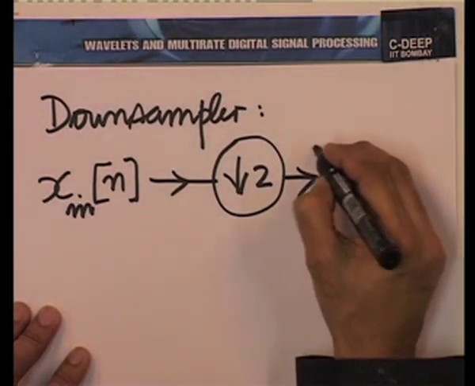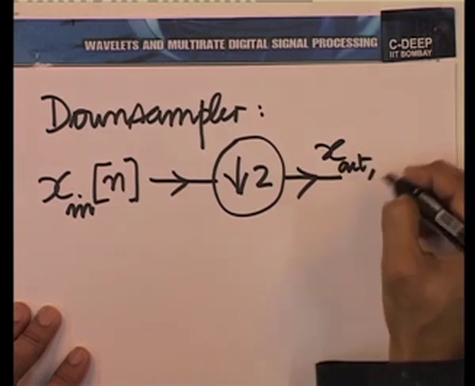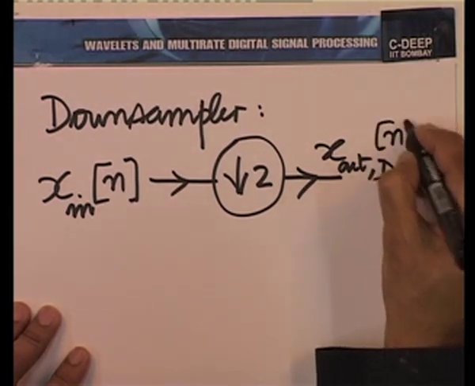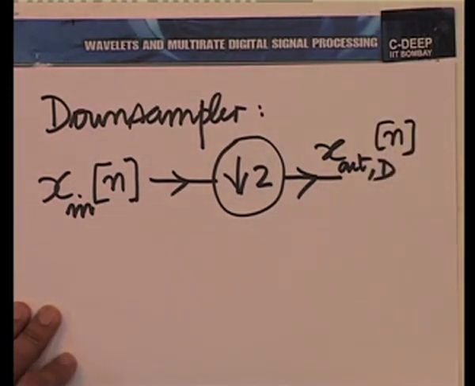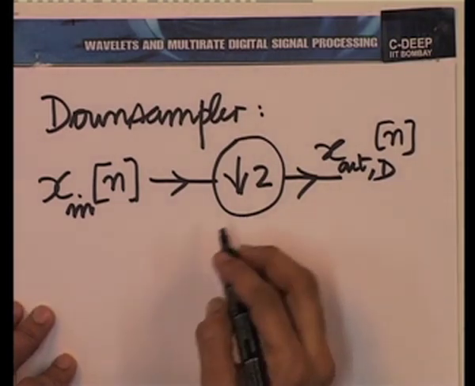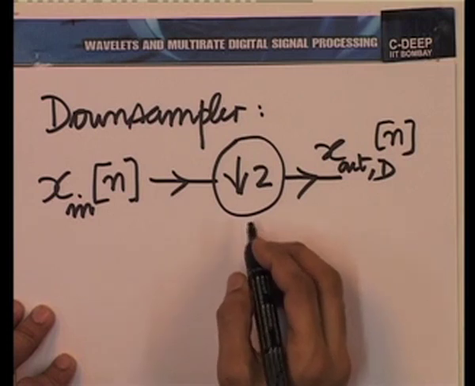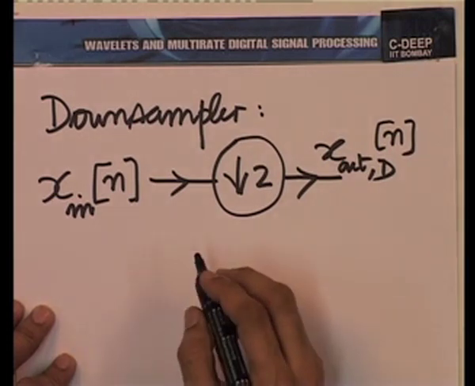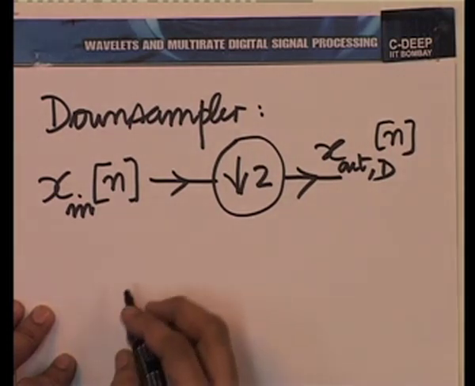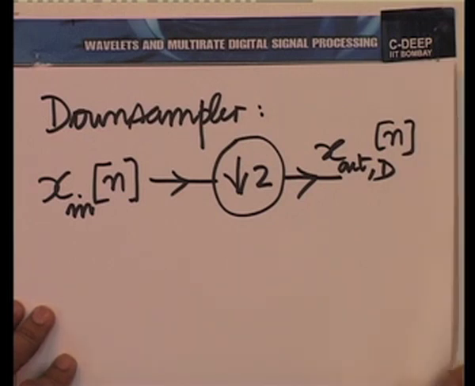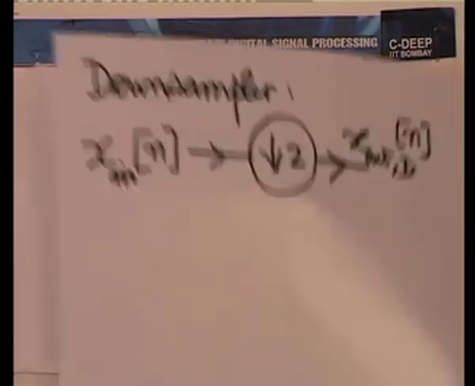So, here we have x out d n. And in fact, we had noted that this operation of downsampling by 2 was equivalent to 2 operations, and let me spell out those operations once again, following which I shall write down the Z transform here.